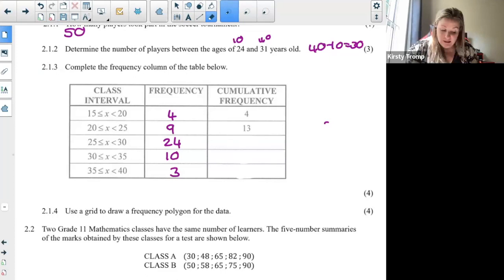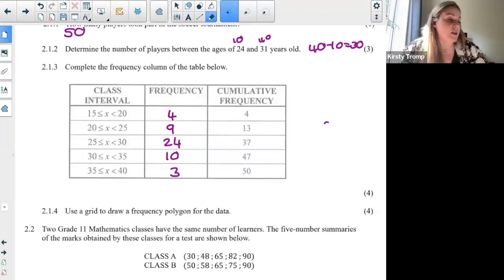All right. Then they gave me a frequency of 24. So cumulatively, 13 was what I had previously, plus 24 gives me 37. Then they gave me a frequency of 10. 37 plus 10 gives me 47. And finally, 3 gives me 50.